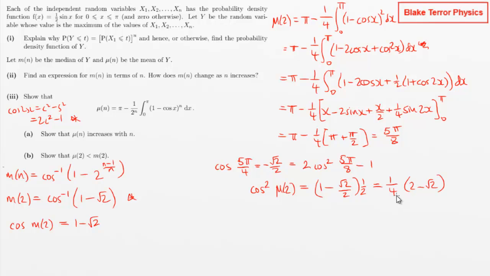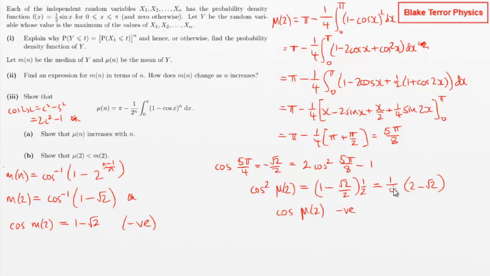So what's that telling me? Cos of the angle is negative. So I want to have the negative square root of this thing if I was going to do it. Let's just keep this in mind. They're both negative things.